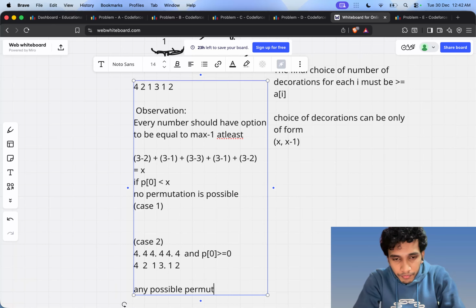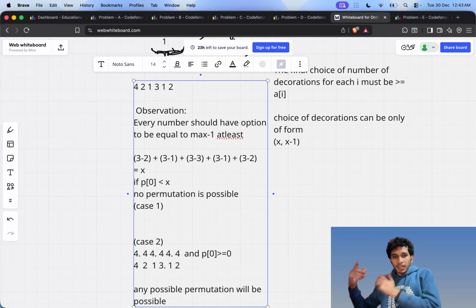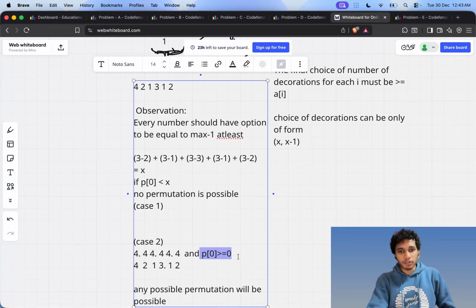So any possible permutation will be possible. Why? Because everyone can reach 4. Now, the ones that have value greater than or equal to 4 are all chosen from P0, and P0 is not racial.